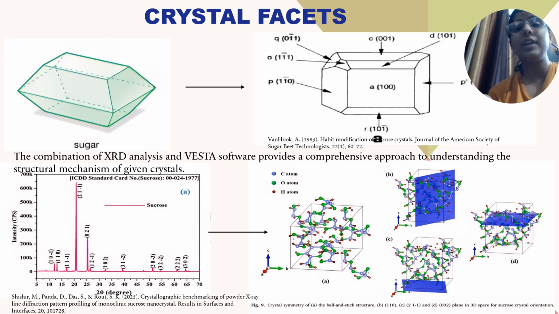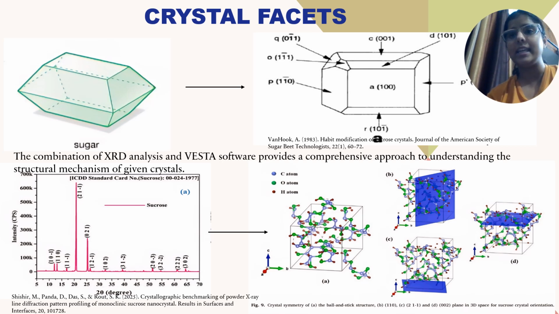Now, of the 3D pattern of the molecules of sucrose, this portion is taken to determine the blue shaded region, that is the 110, 2 1 -1 and 002 planes, which have the growth of the molecules in their direction, which is reflected in the outer morphology of the crystal.